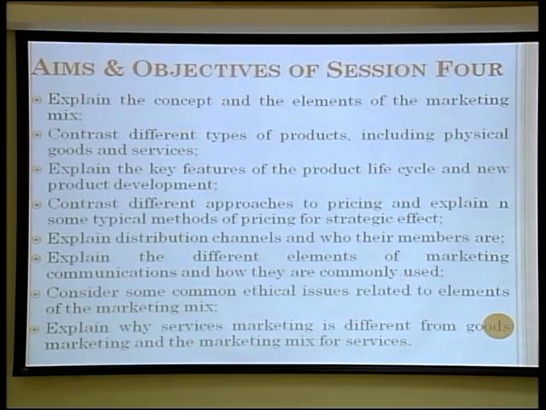What do you mean by marketing communication? Consider some common ethical issues related to elements of the marketing mix. In every topic we study, we have to cover the ethical aspect. And finally, explain why services marketing is different from goods marketing and the marketing mix for services.